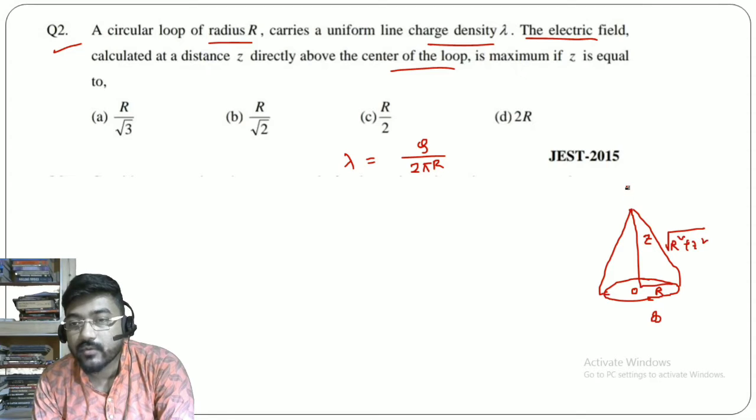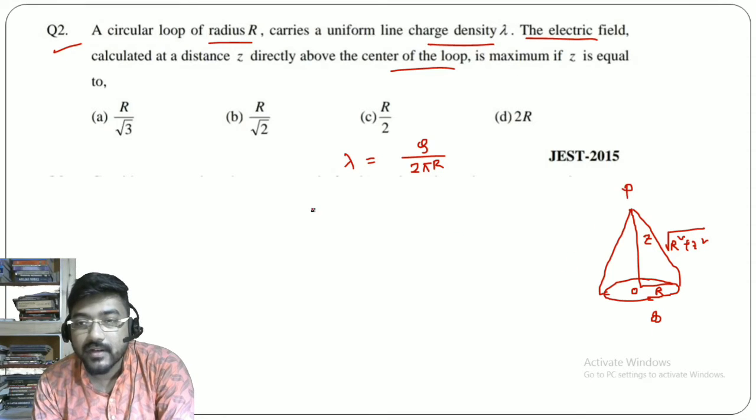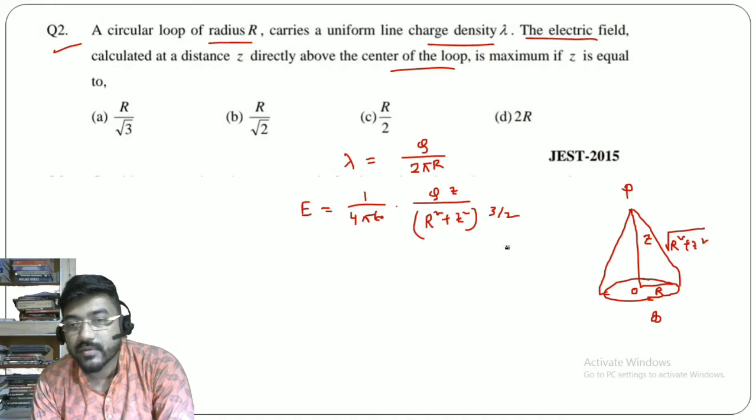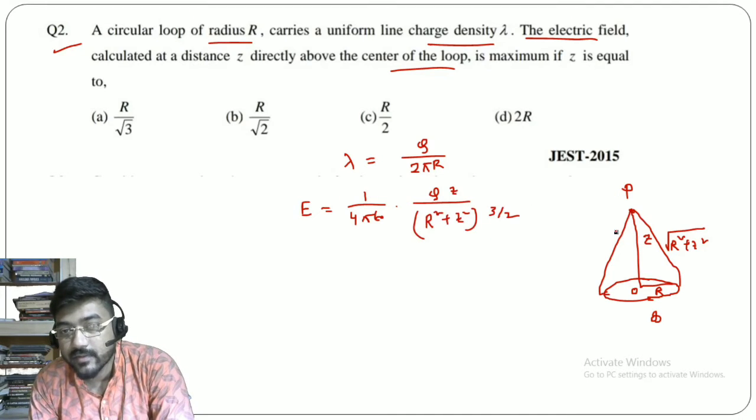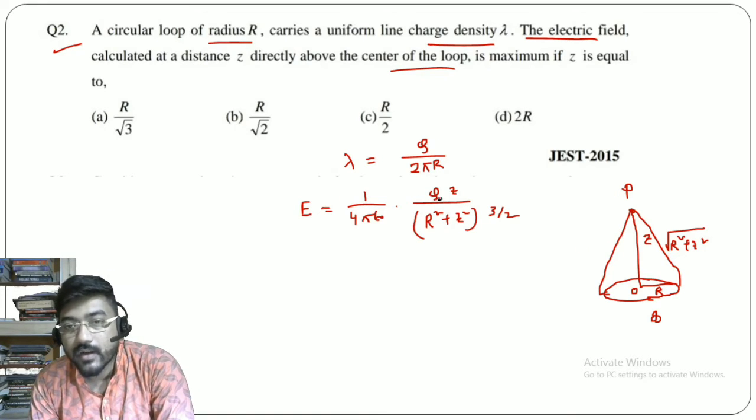The electric field E is equal to 1 upon 4 pi epsilon naught into qz divided by r square plus z square to the power 3 by 2. This is the electric field at this point. And if you want, you can express this q in terms of lambda.